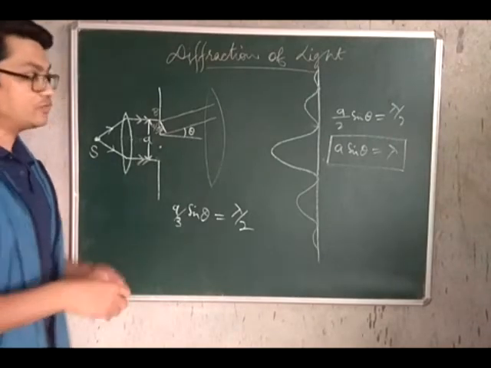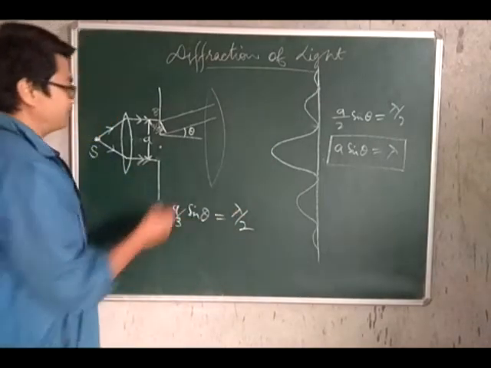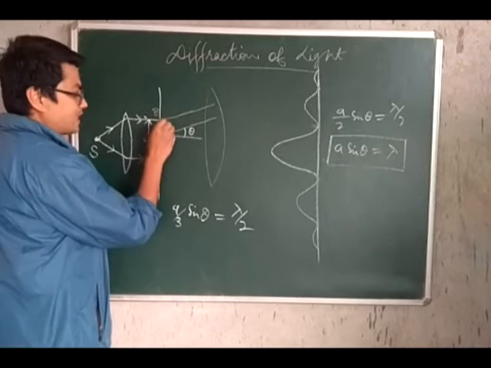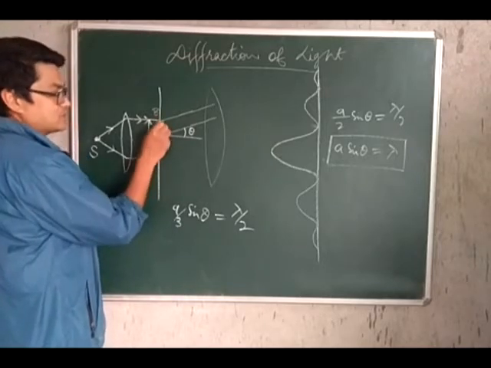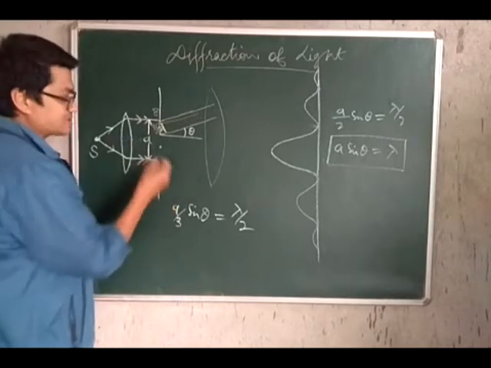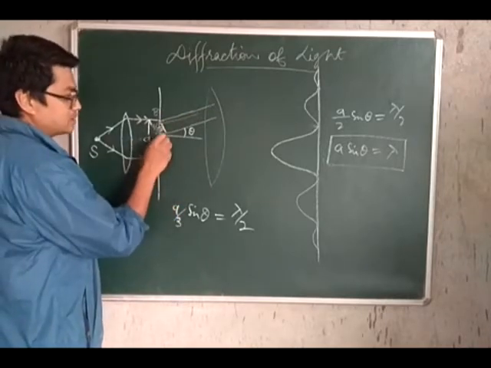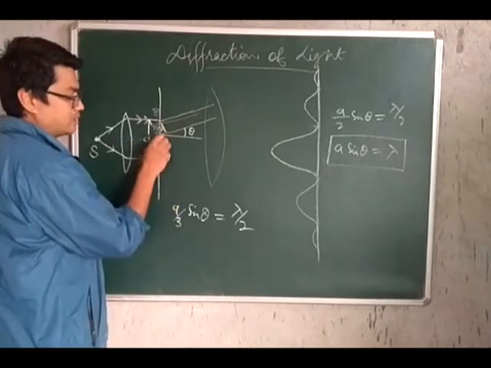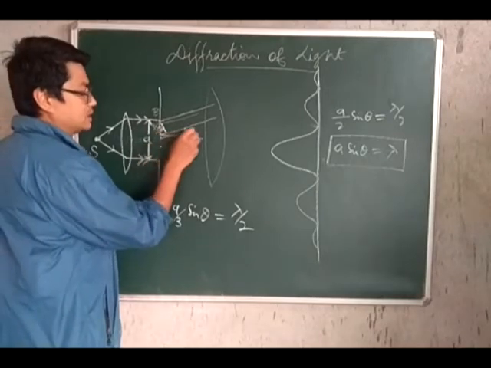And not just that, I forgot to tell you in the previous case also, every ray of light starting from just below a source on the first slit interferes destructively with the ray of light starting from this source on the second slit.